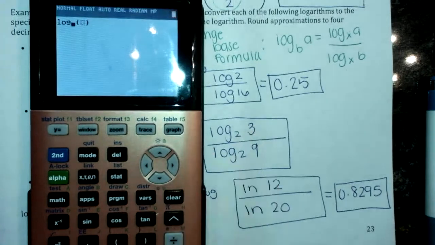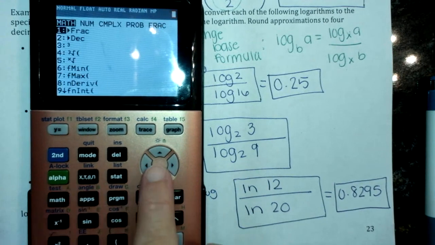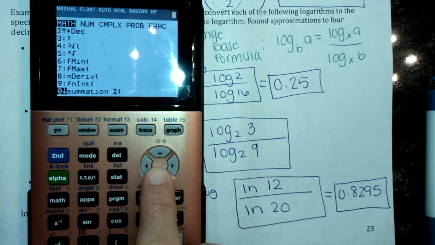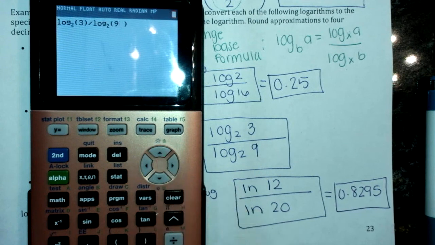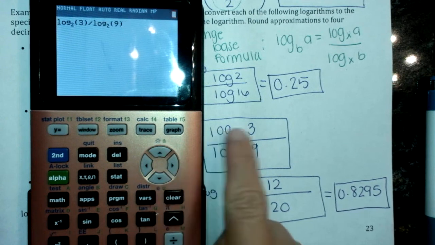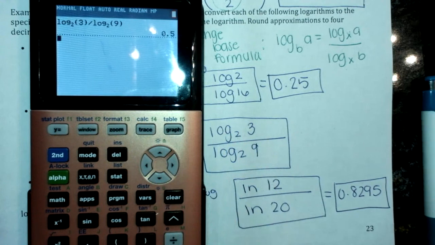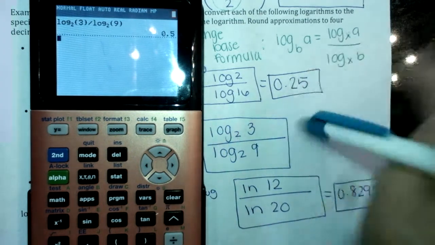And look, it kind of does it for me. So I can do log base 2 of 3, that's all I'm doing, so I'm going to scroll over, divided by, go in my math button, scroll all the way down to log base, press enter, log base 2, scroll over, of 9. So log base 2 of 3 divided by log base 2 of 9, and that will give us 0.5.